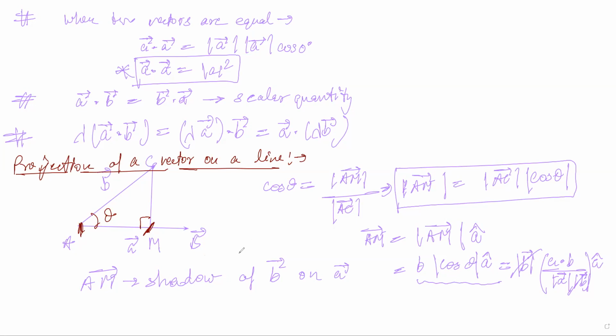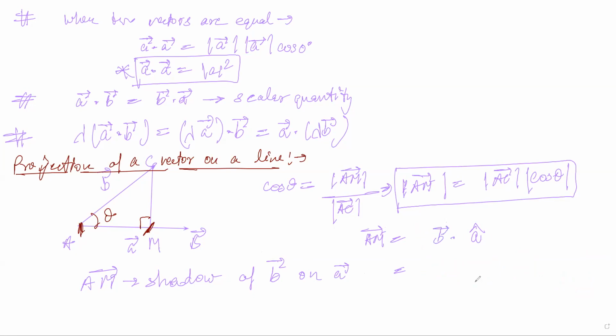The projection is given as B vector dot A cap. The projection is not given as this. Projection is given as B vector dot with A cap.